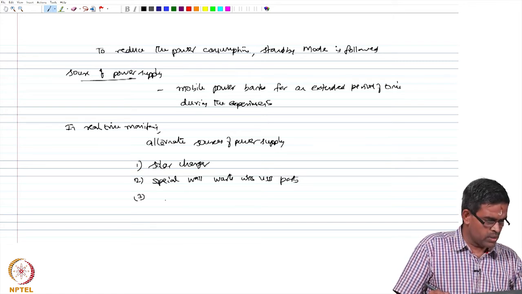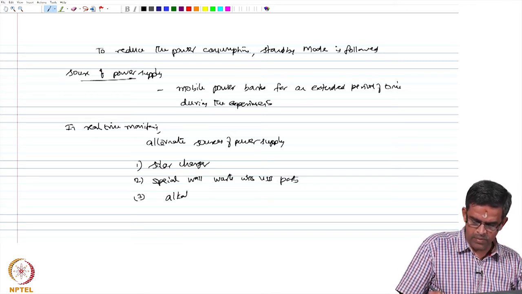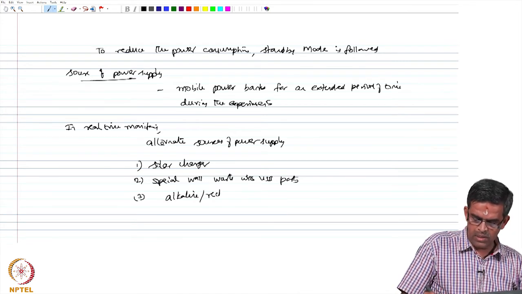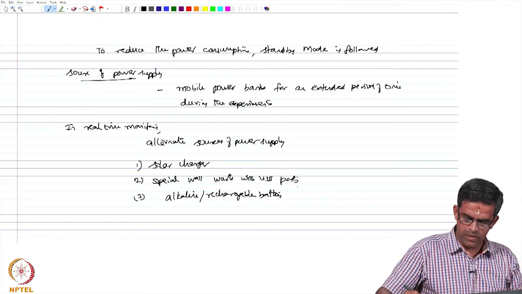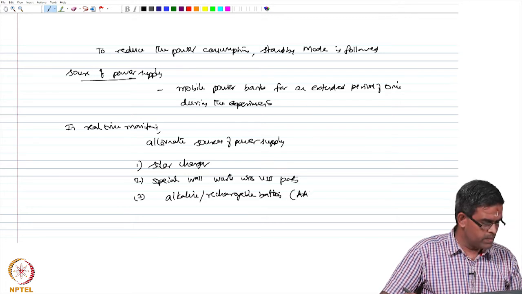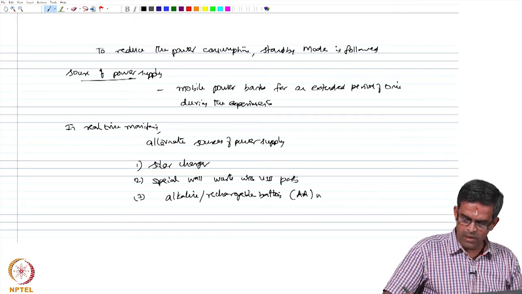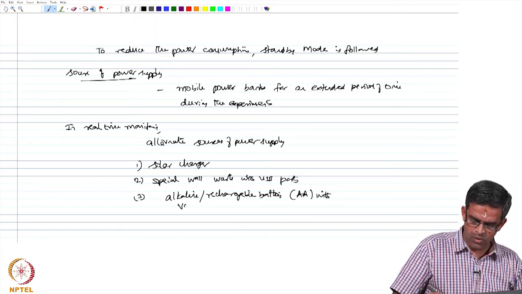One can also use alkaline batteries or rechargeable batteries, which are essentially AA batteries, used of course with a voltage regulator.